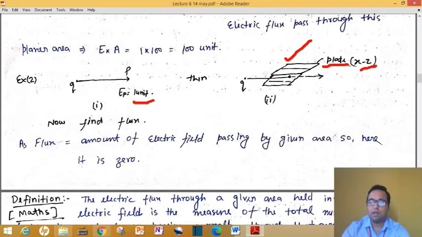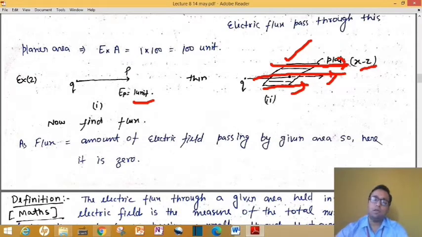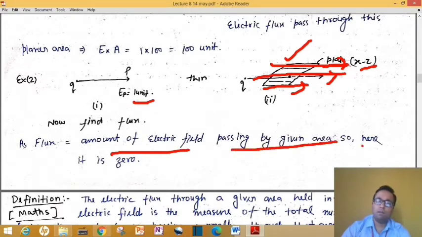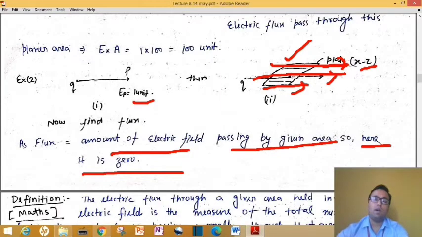This plate has this plane, this area. I hope you can understand its plane. Now I am asking you how much electric field will pass through this given plate, through this area. The amount of electric field passing through the given area will be 0. Why 0?